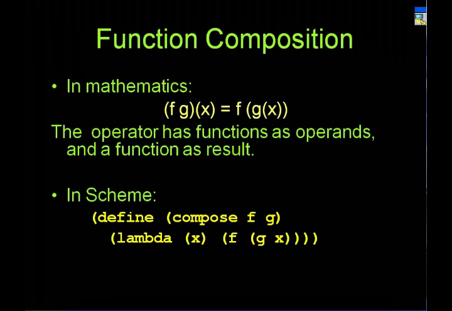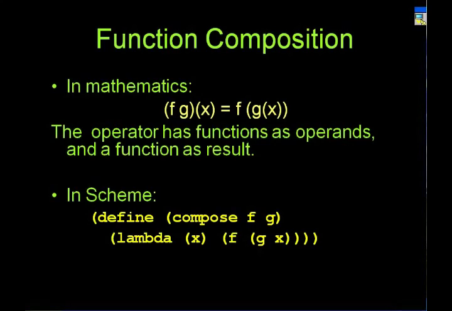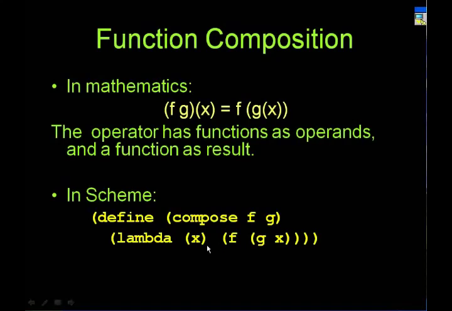Compose f with g is just lambda of x, f of g of x. It turns out that f and g are one-parameter functions, that means one-parameter procedures. So this composition procedure will take in the value x, apply g, apply f, and then return the value.